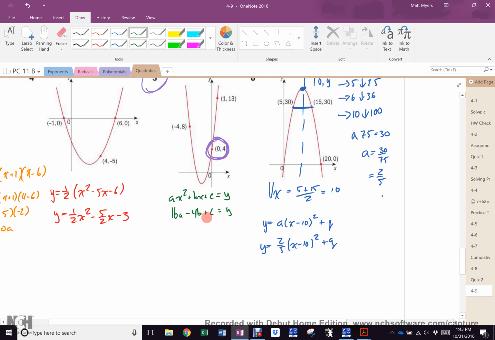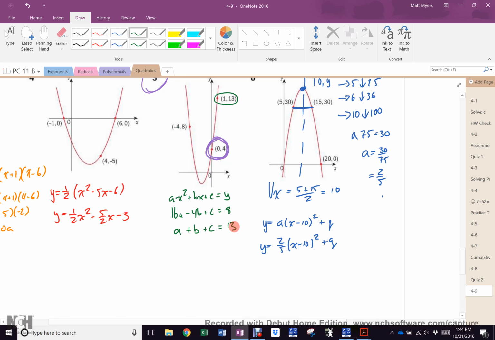Is everybody happy with that? Okay. What could I put in for this one? What's x? 1. So a minus a plus b, because x is 1, plus c equals what? 13, correct? Now, I can stop there.